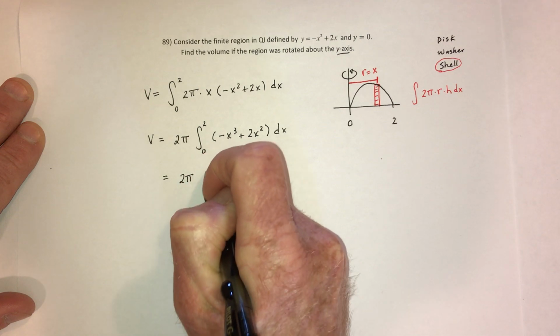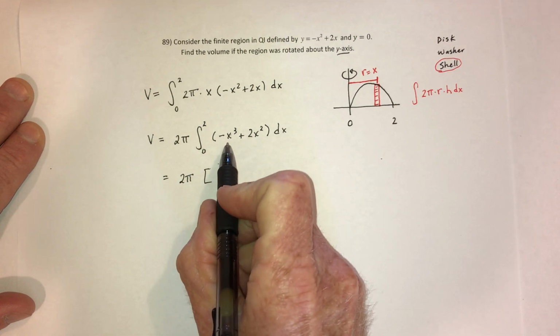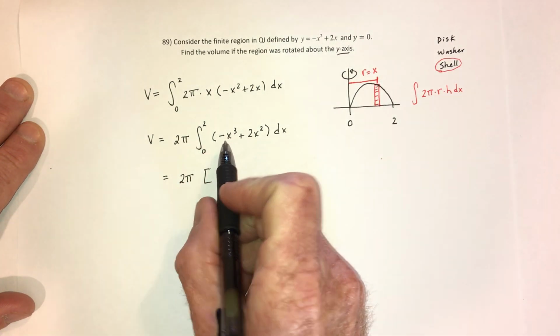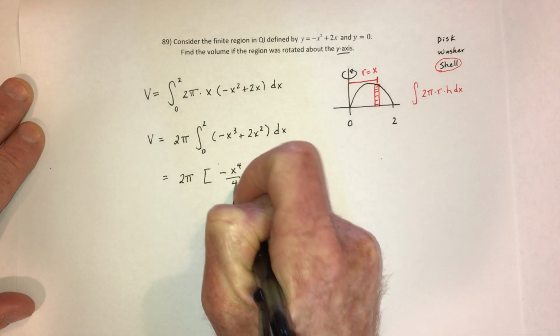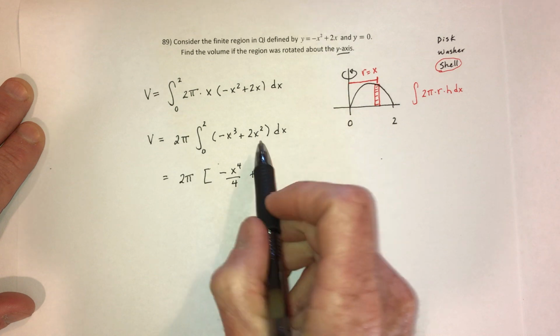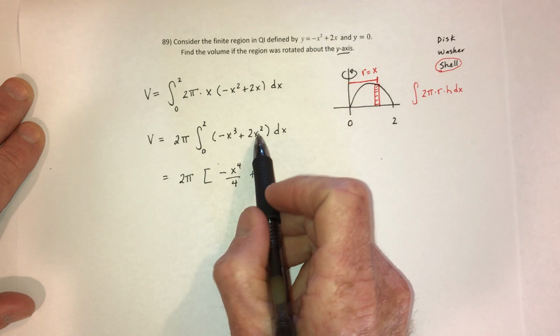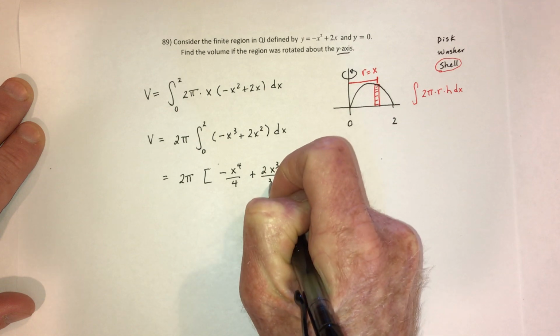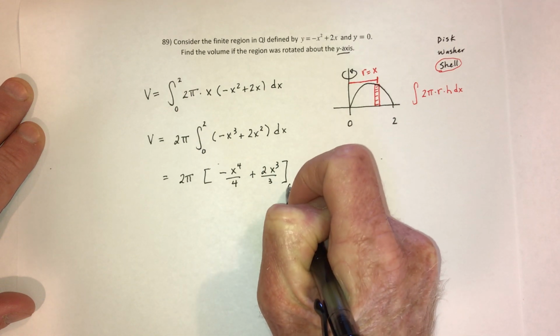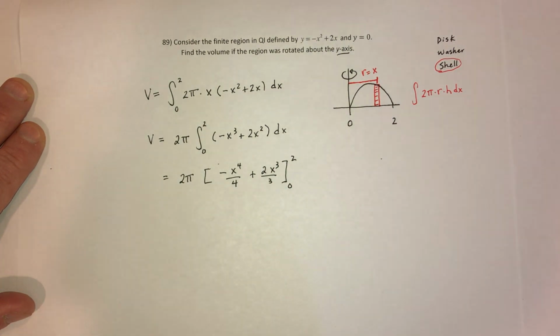Now go ahead and integrate. So this one will become negative x to the 4th over 4. And this one would become 2x to the 3 over 3. And then evaluate from 0 to 2.